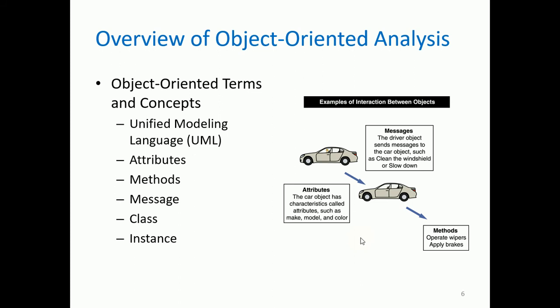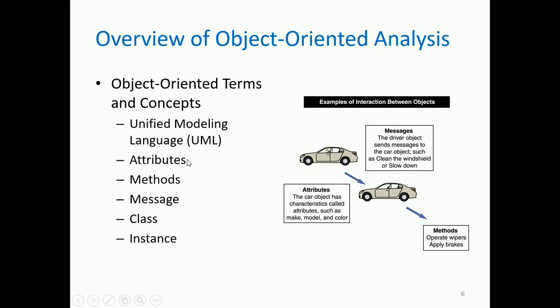We have the Unified Modeling Language, which is used solely for object modeling. Then we have attributes, methods, messages, class, and instance. For attributes, methods, and messages, let's look at an example of interaction between objects, a car. The car object has characteristics called attributes, such as make, model, and color.